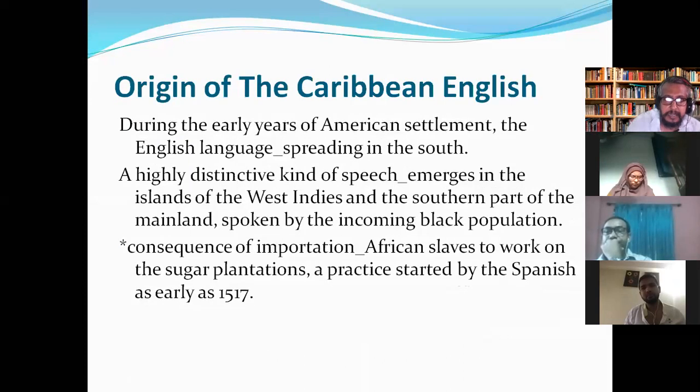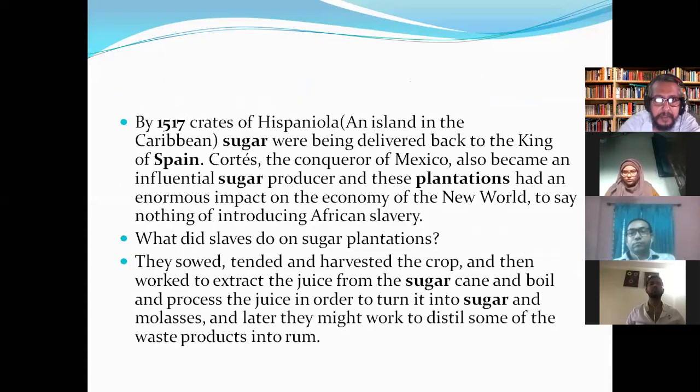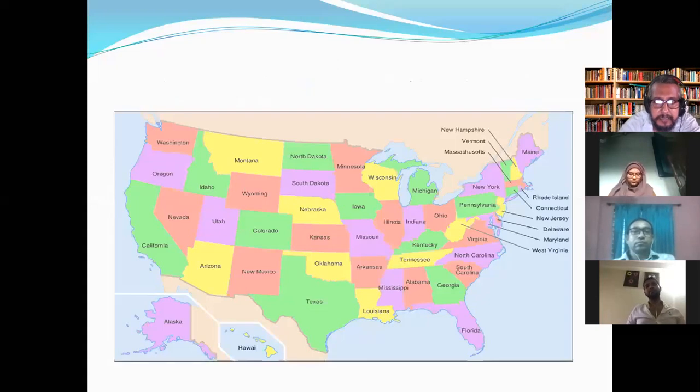And a highly distinctive kind of speech emerges in the islands of the West Indies. So whenever people moved from America, Canada, and after the south, naturally, if we see the world map, okay, I don't know whether I have inserted the map.